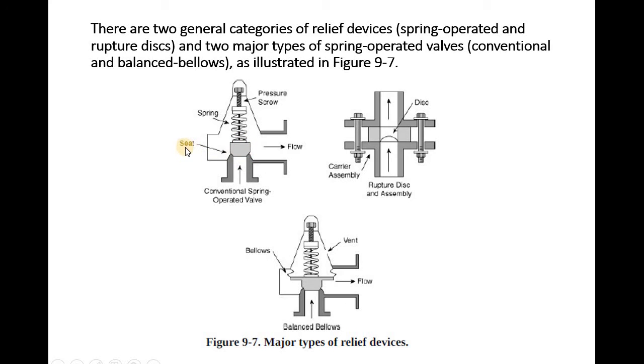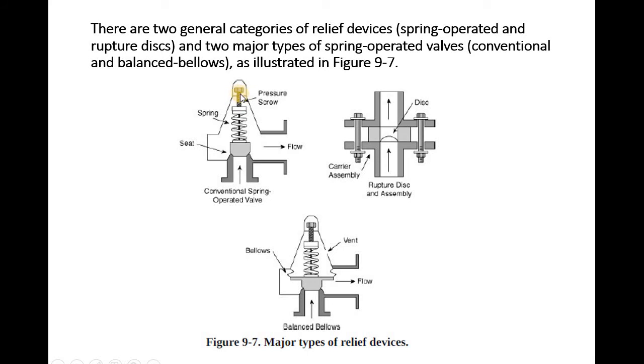And as it opens, you will have the flow. Okay? You will have the flow here. So you will have the flow as long as the pressure is high. Once the pressure is lower, this will go down again. Now you can see here there's a screw.